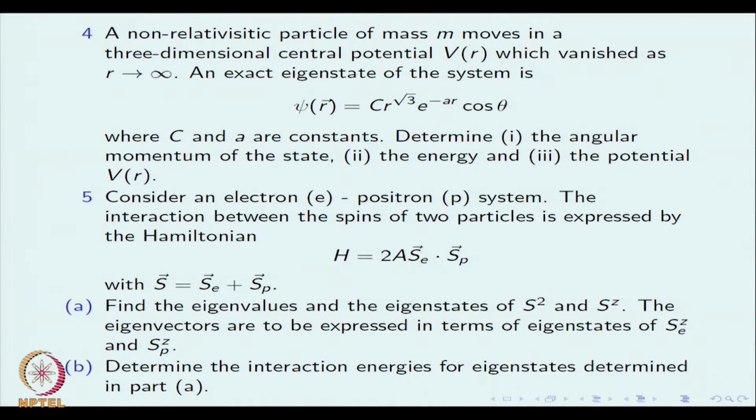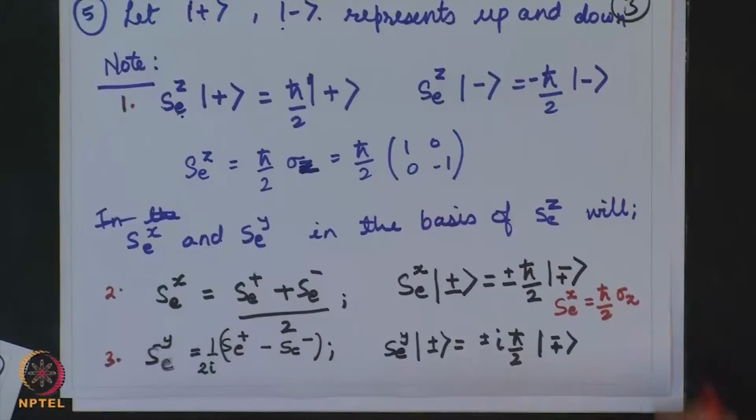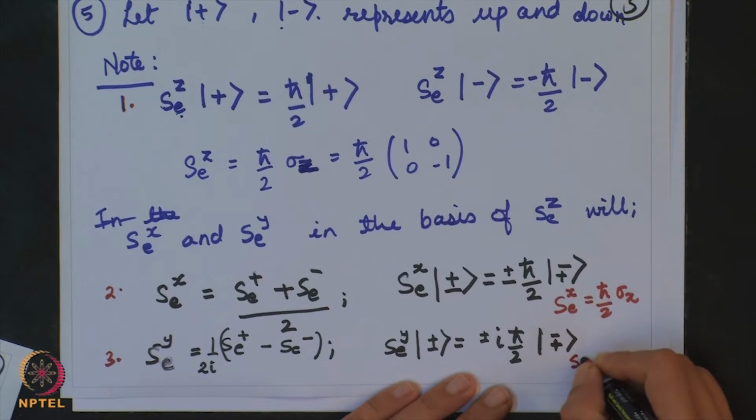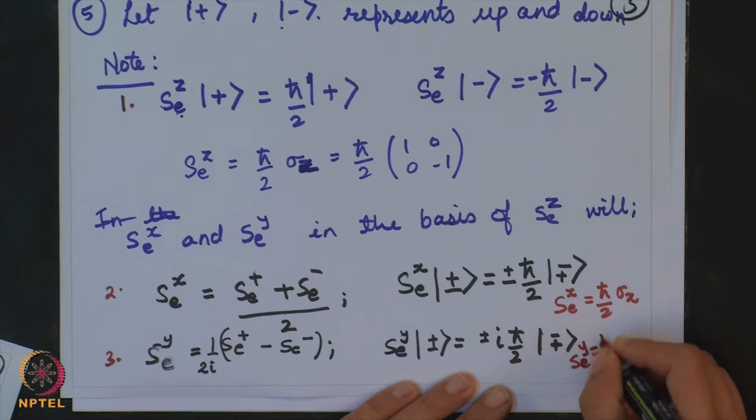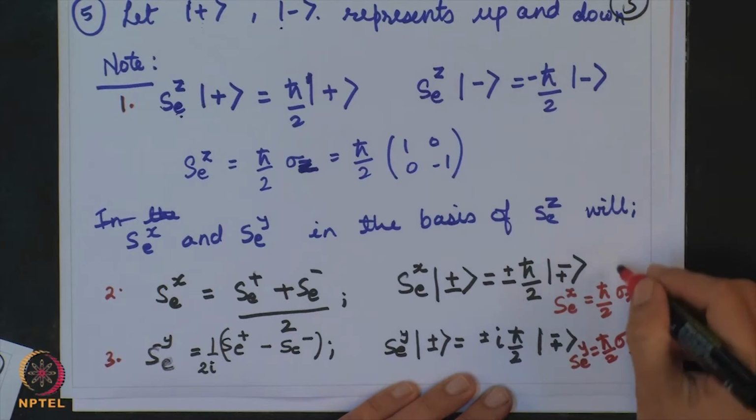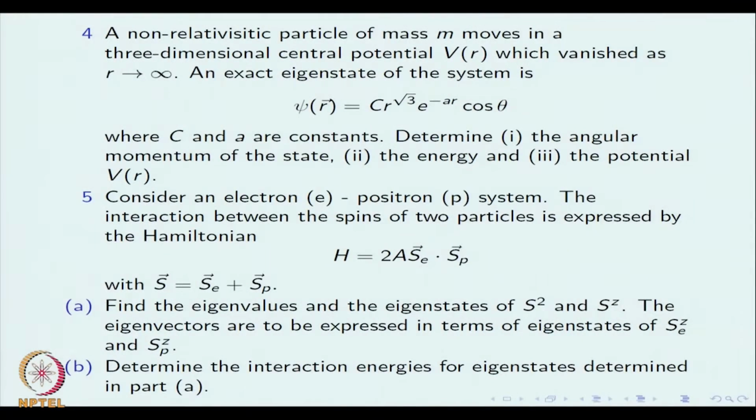So, these 3 points will set up the basic assumptions. Okay. Then let me also write Sey is h cross by 2 sigma y, which I did not write before.